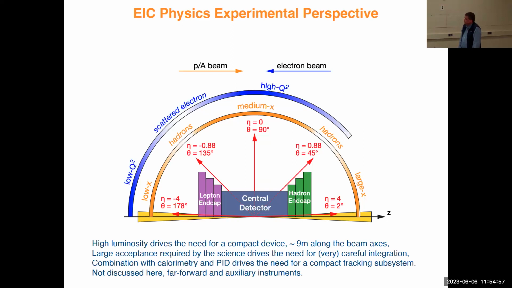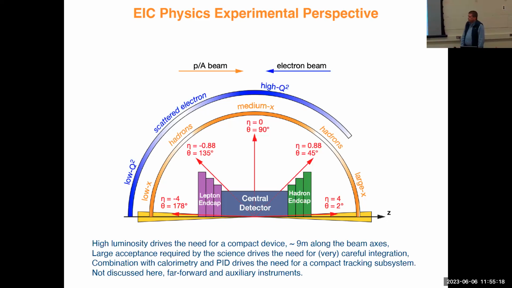What I hope to have shown you is that indeed there are good reasons why an EIC experiment has this sunrise shape in the end, why you need this for the rapidity acceptance region.